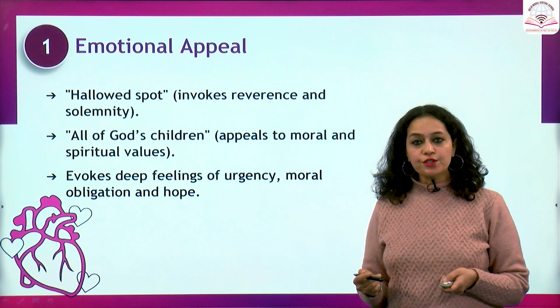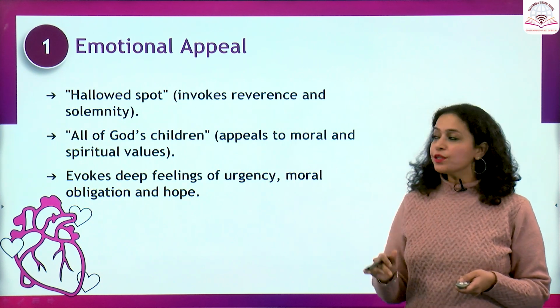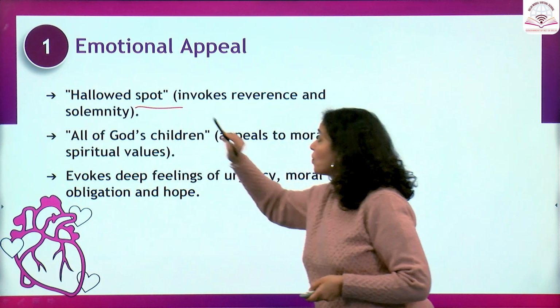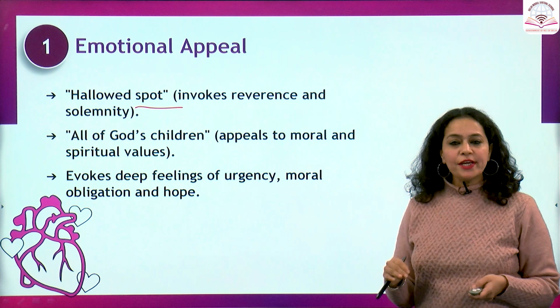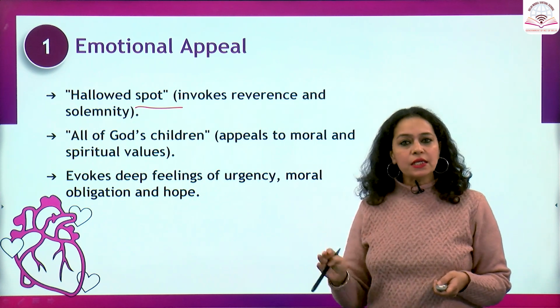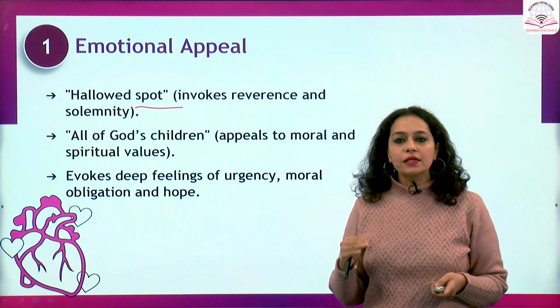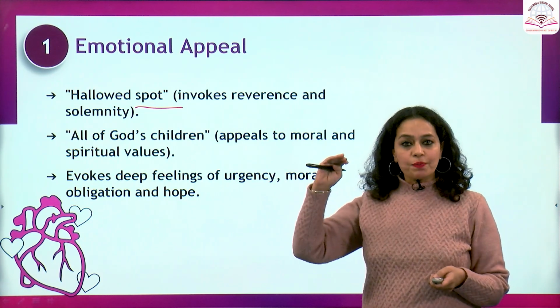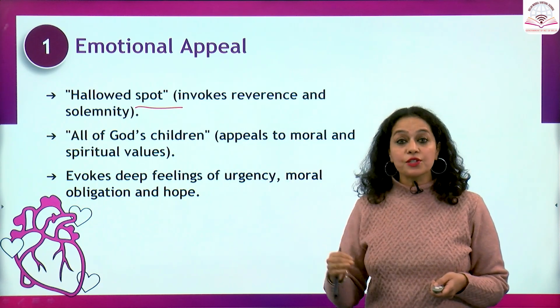Now let's identify the emotional appeal in this given excerpt. If we look at the phrase hallowed spot, it invokes reverence. Why? Because the speech was delivered at the Lincoln Memorial and it is associated with Abraham Lincoln. And in a way, Martin Luther King raises this place to a symbolic place of sacredness and something that is to be honored.